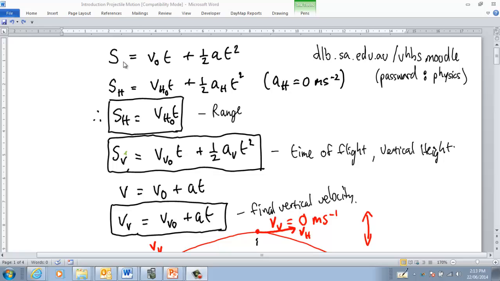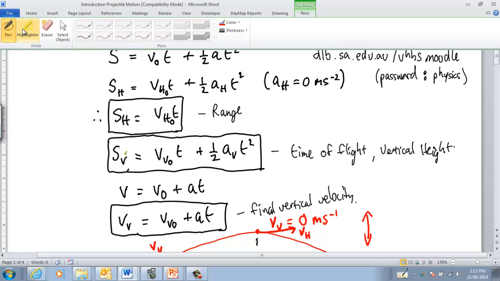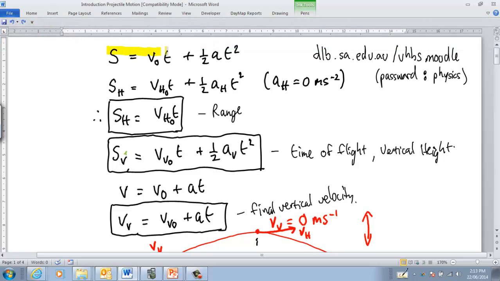Now, in terms of the formulas that we're using in this particular topic, there's not a lot. This one here is the one that we use for the vertical and the horizontal components.